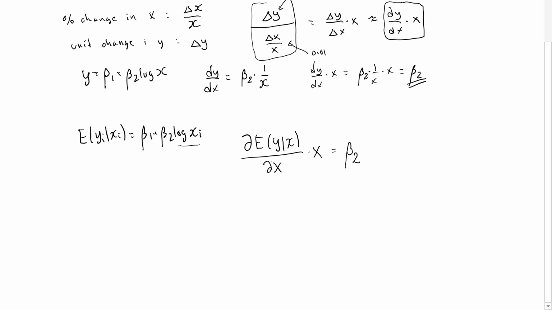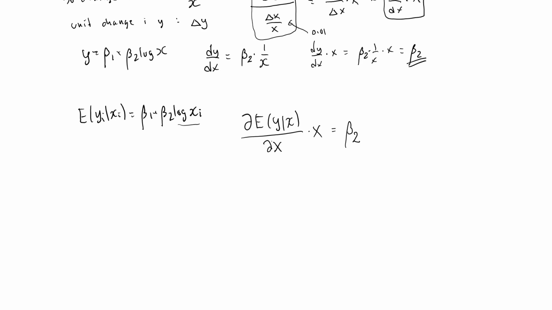For the first result, we can immediately see from this equation that if I differentiate the expected value of y given x with respect to log xi, then that's beta 2. So that's another interpretation which is equally valid: the increase in the expected y when log xi increases by 1 unit, approximately.